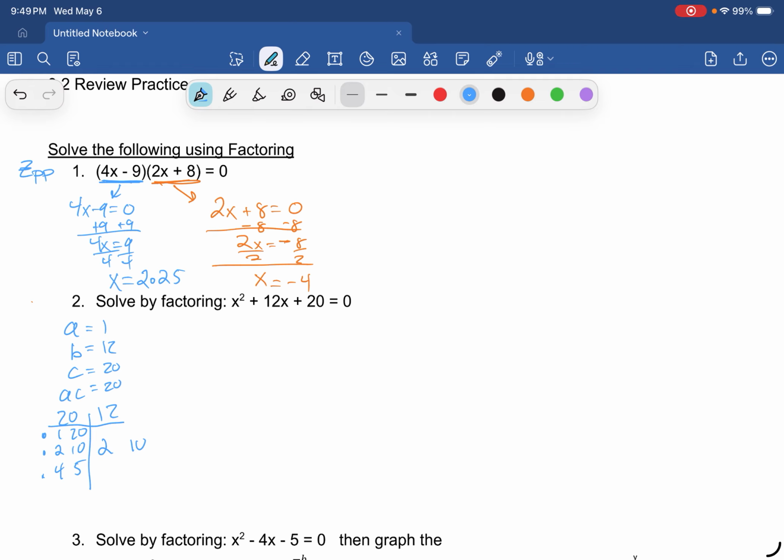What that lets me do is break down my original problem like that. And then I get to find the GCF of those two pieces. There are my factors of my first piece.